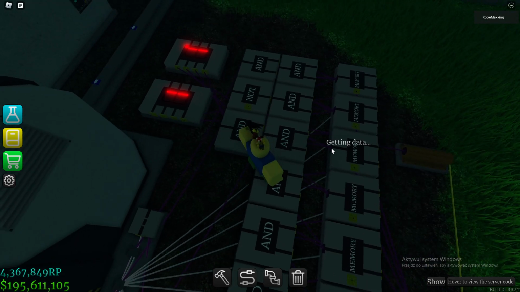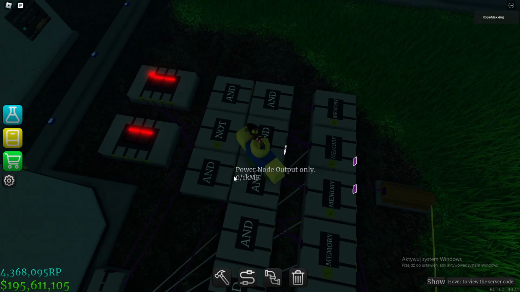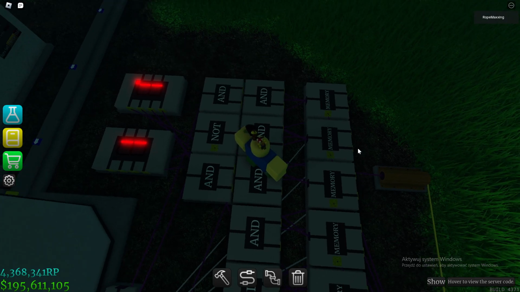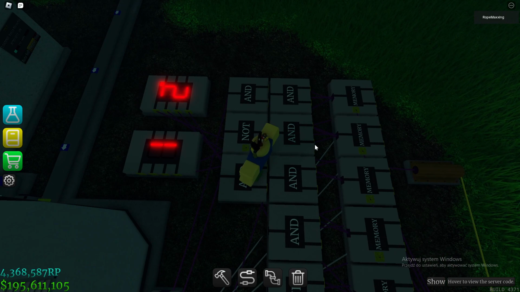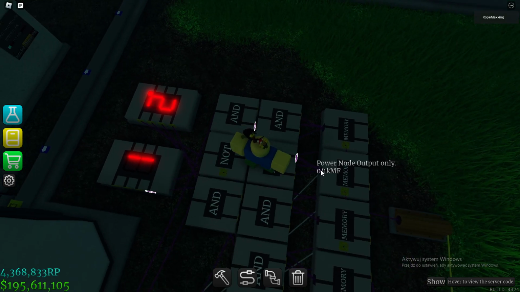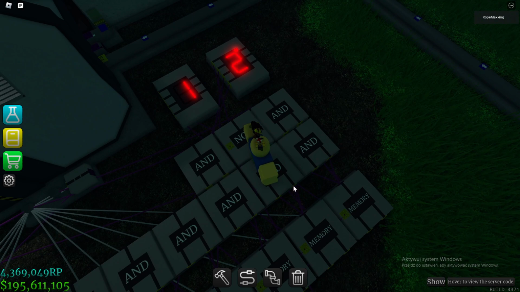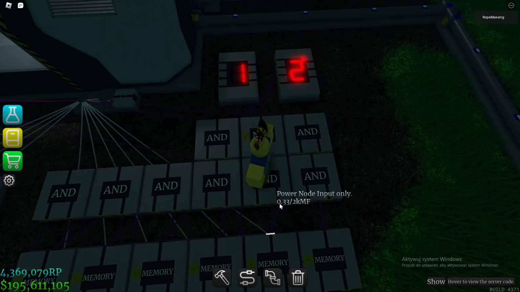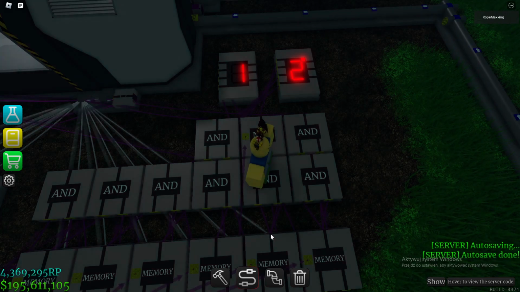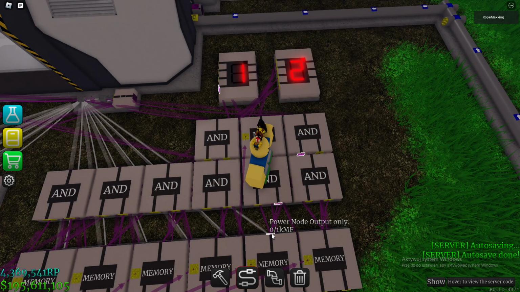Then this memory into the right input of this AND gate, and this AND gate output into this memory reset, and into this memory signal to start, and to the left input of this AND gate, and this memory into the right input of this AND gate, and also this memory will go into the right input of this AND gate.